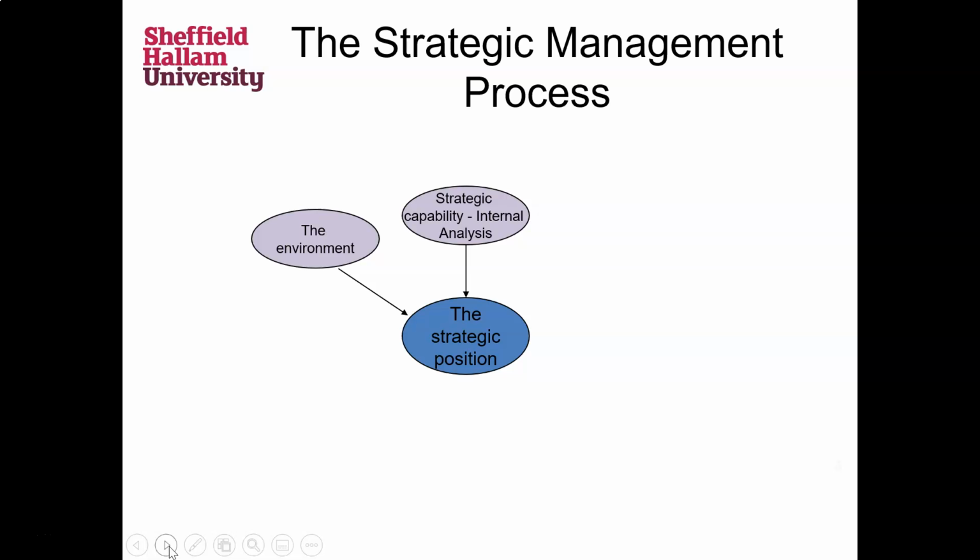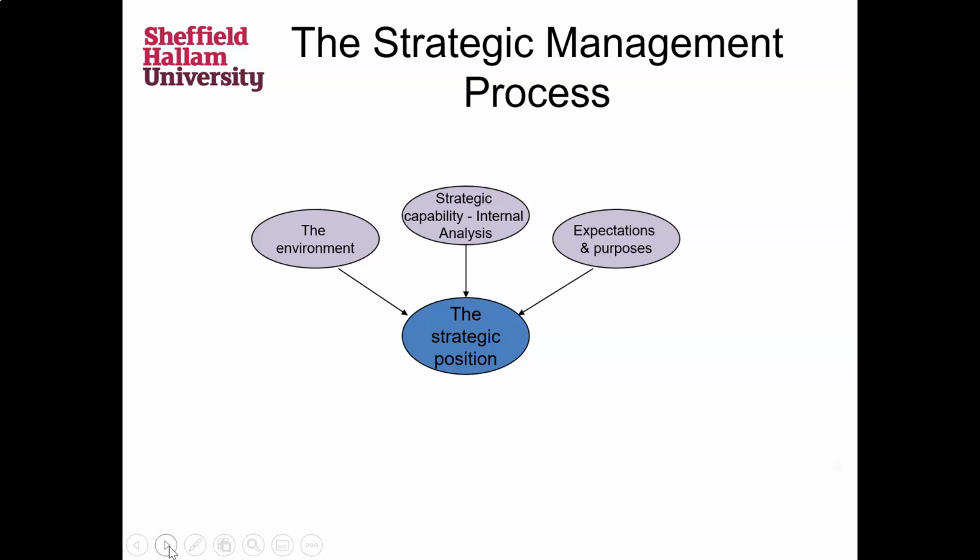But what you're doing there is identifying the resources and the competencies that the organisation has in its various functions or its various activities. And the outcome of this is you get a good handle on the strengths and weaknesses that the organisation has.